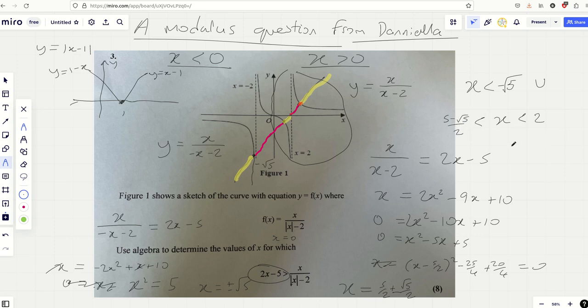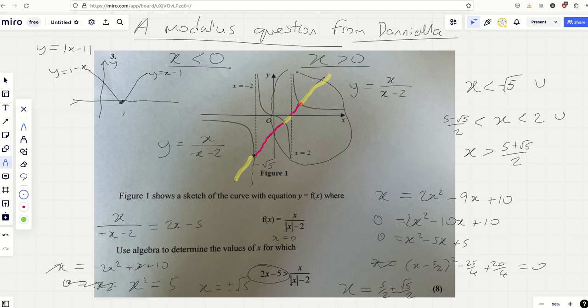Or it's going to be the case up here when x is greater than 5 plus root 5 over 2. Sorry, you know me, I put my maths all over the board, it gets really messy. Okay, I hope that is the answer.